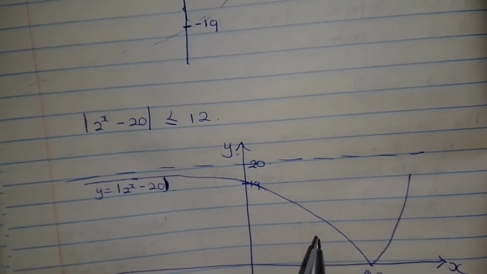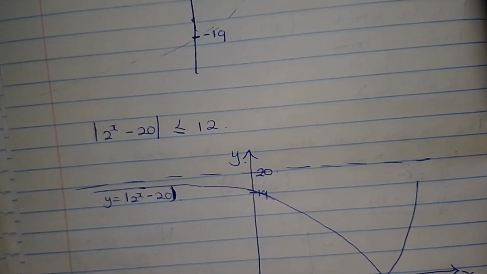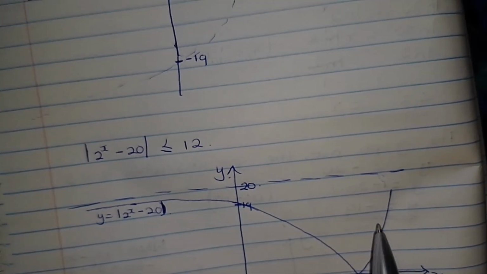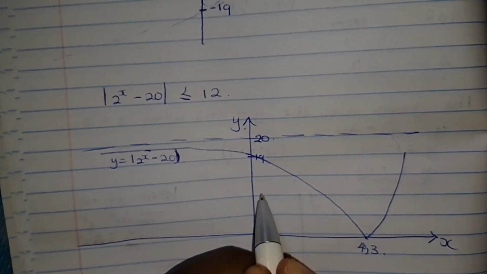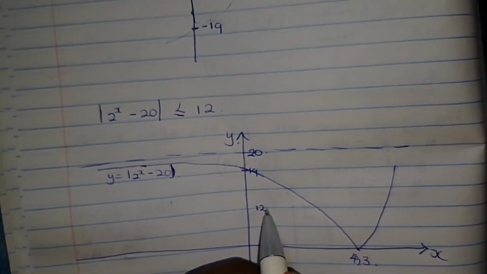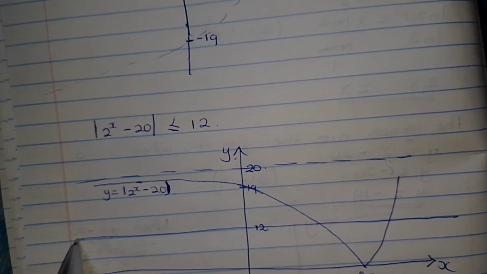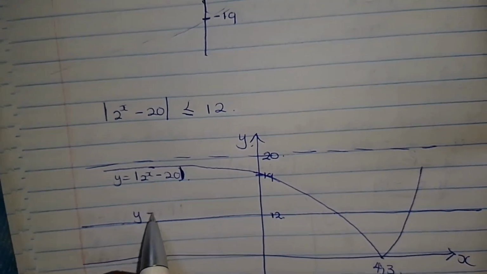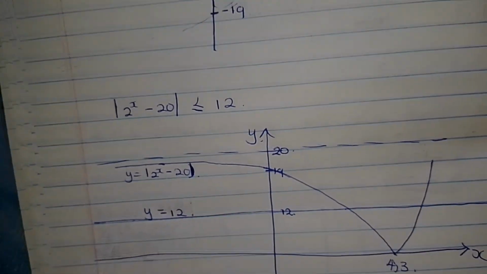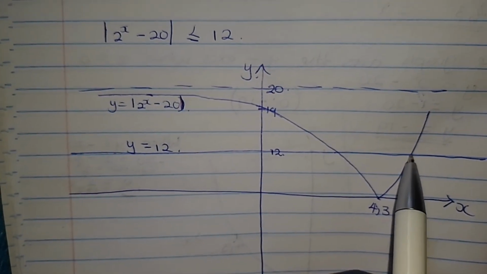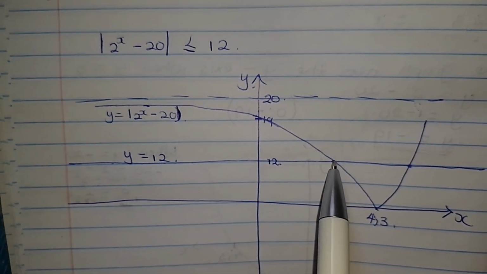Then we want to draw the graph of y is equal to 12. Let's assume our 12 is here. This is y is equal to 12. So we want to find the coordinates of this point and this point.